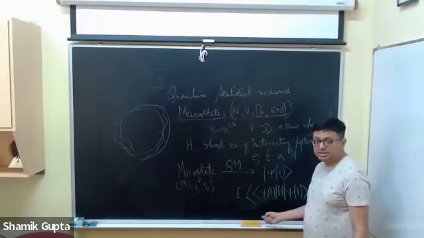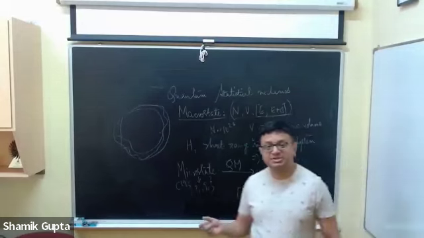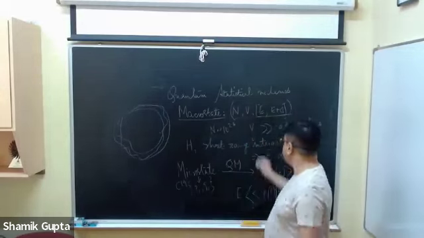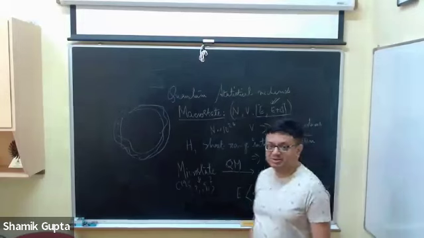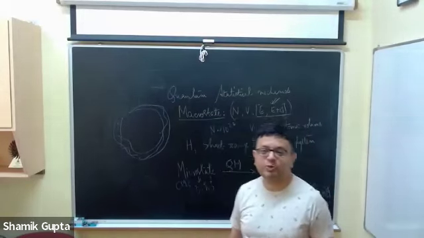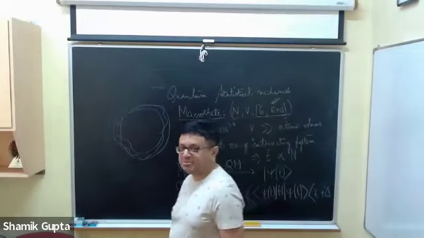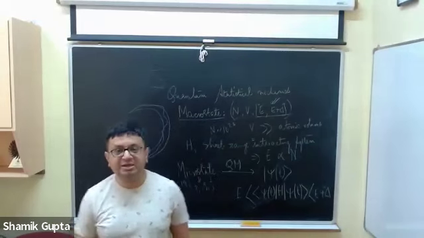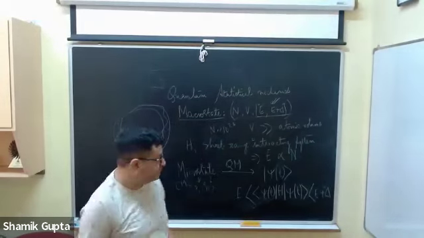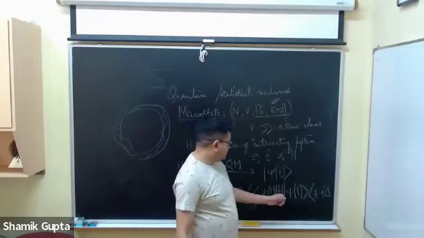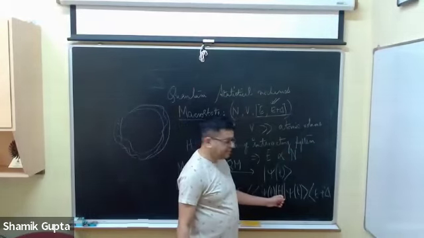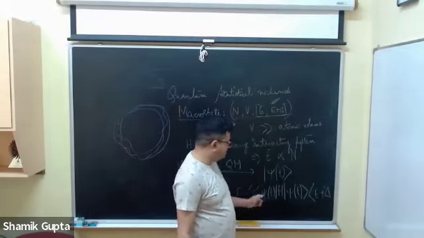Any consistent microstate has to have energy lying between E and E plus delta, because that is the given macrostate. So how do I measure energy in quantum mechanics? I have to compute the expectation value of the Hamiltonian, so I sandwich the Hamiltonian between the wave vector.